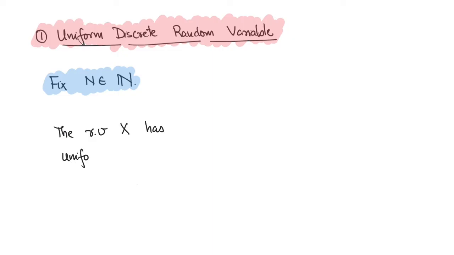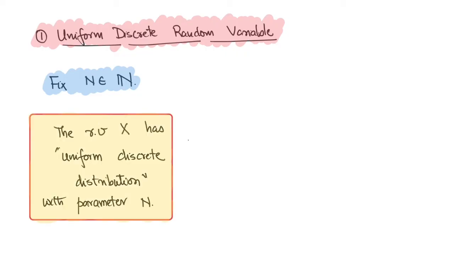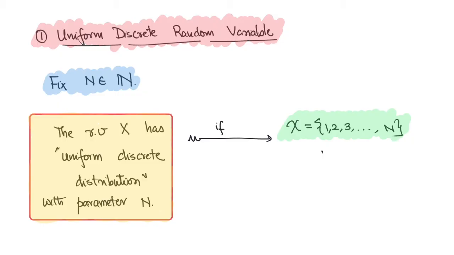Then the random variable X has a discrete uniform distribution with parameter N if the set of values script X of this random variable is the set 1, 2, 3, up to N. Furthermore, for any x in script X, p sub X of x is equal to 1 over N, uniformly.